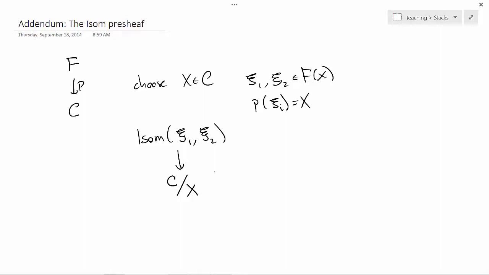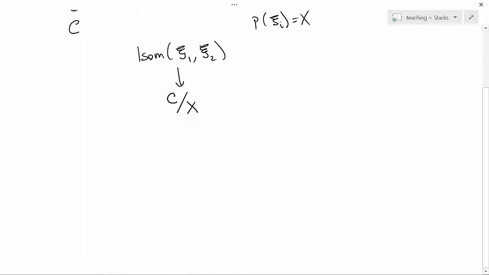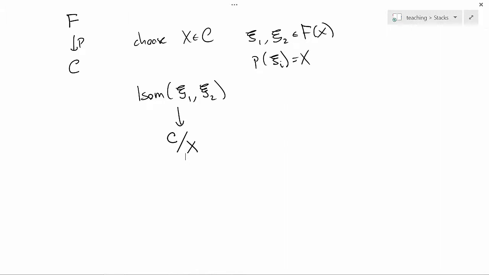And so how is this going to work? So what are the objects of this category? Well, the objects are described by a bunch of data, but a more intuitive diagram.